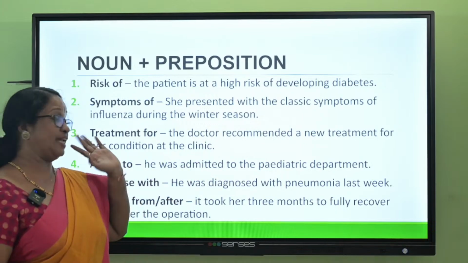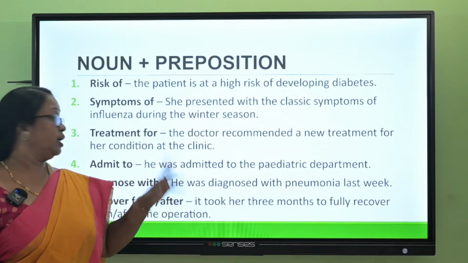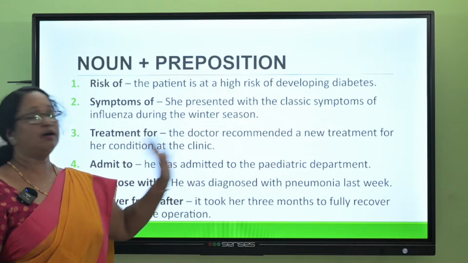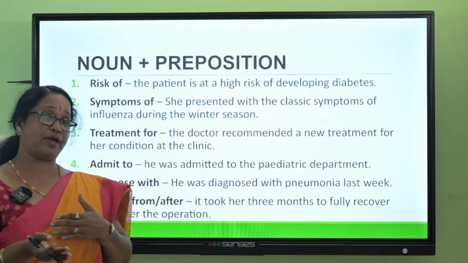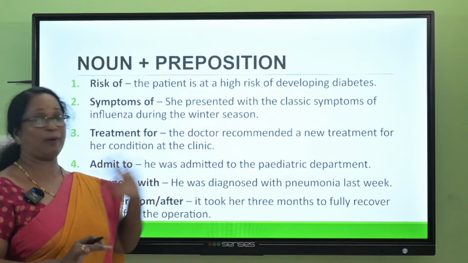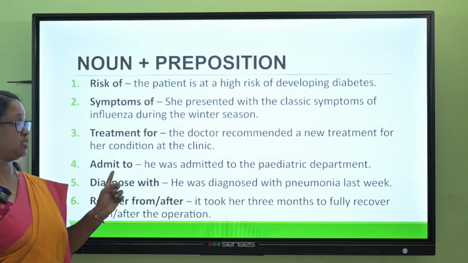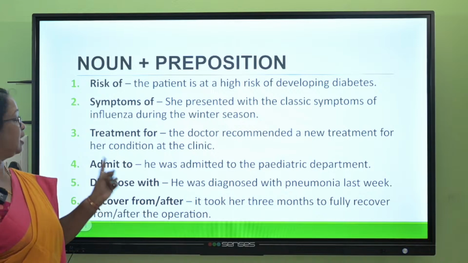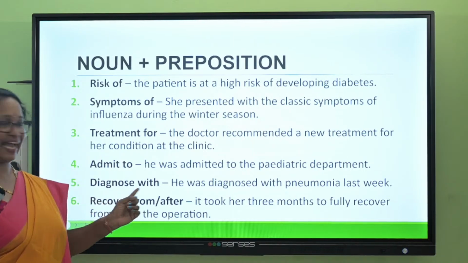And coming to the next section, he was shifted to the emergency department. He was admitted to the Royal Perth Hospital. Like that we can write the when you are mentioning the hospital name or the department name. And here our subject is admit to, that means noun plus preposition. Then the most important one is diagnosed with.